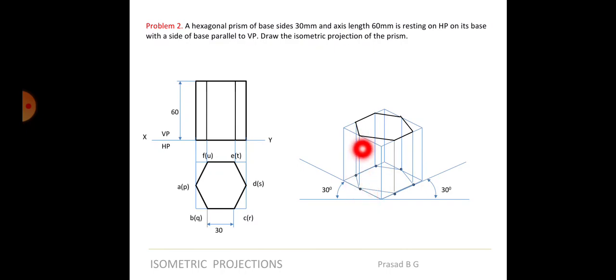So line from A will be visible, line from B will be visible, line from C will be visible, line from D which is coming inside is not visible, line coming from E is also not visible, line coming from F will actually fall outside, so that will be visible. So D and E will not be visible.